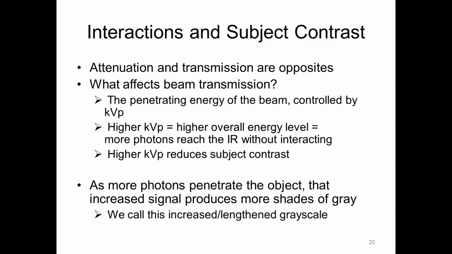They're going to go straight through and increase the signal to the detector. Increased signal means more shades of gray. More shades of gray, long grayscale. And the opposite, long grayscale, low contrast.